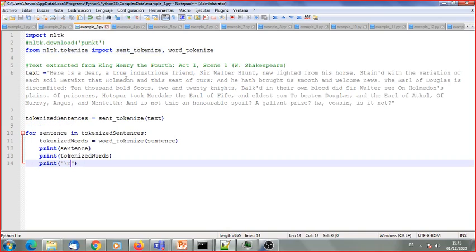In this third example, we are going to mix the sentence tokenizer and the word tokenizer. First, we apply the sentence tokenizer, and for each sentence, we apply the word tokenizer.